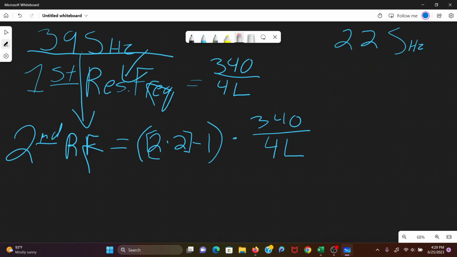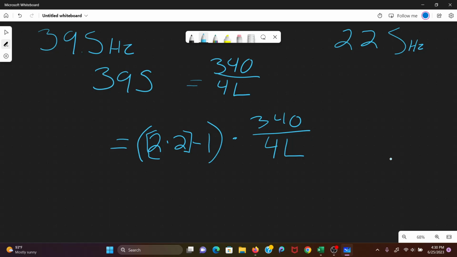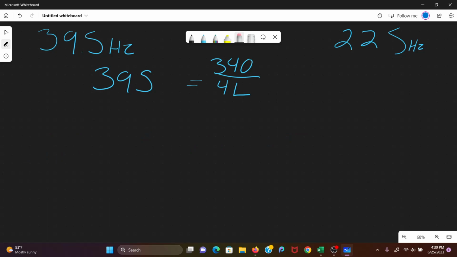Well, basically, you cross off where your first resonant frequency and second resonant frequency are, and you add in what it's telling you the first and second resonant frequency is, or are. I'm not sure if I'm pluralizing anymore. Whatever, it doesn't matter. So let's move this down to give ourselves some room.